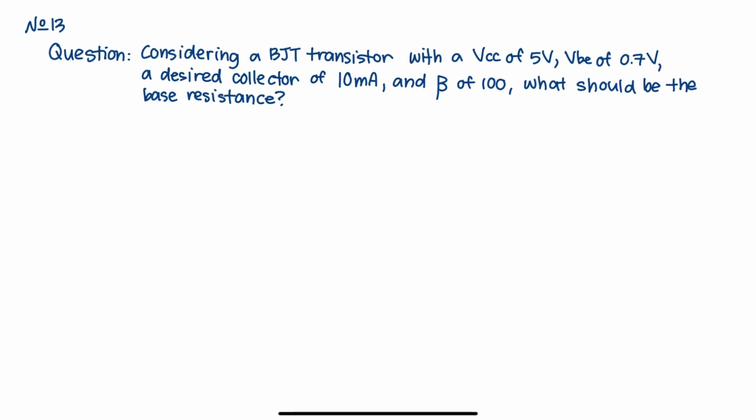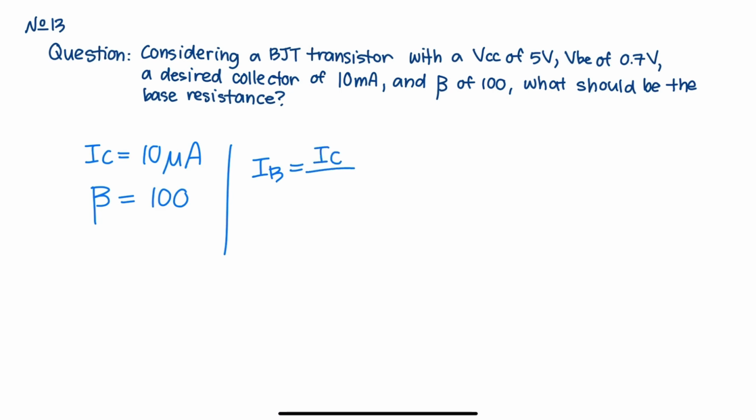So we're given IC, which is 10 milliamperes, and we're given beta, which is 100. So we're going to use two formulas, which is going to be IB equals IC over beta. And we're also going to use RB equals VCC minus VBE over IB, which was presented earlier.